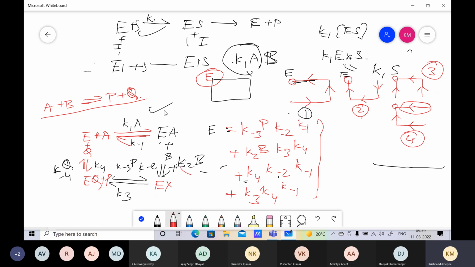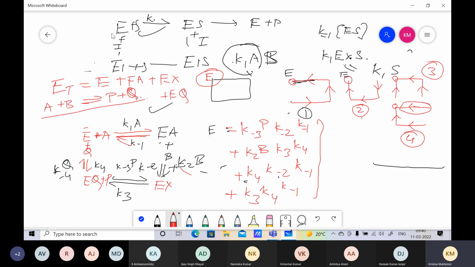Remember, if some of these pathways did not work, for example, let me stop because we have to stop here. And so you find out E, you find out EA, you find out EQ, you find out EX. And then obviously, I remember the fraction saturation logic. You can then calculate the total amount of enzyme ET as a sum of all these: E plus EQ plus EA plus EX.